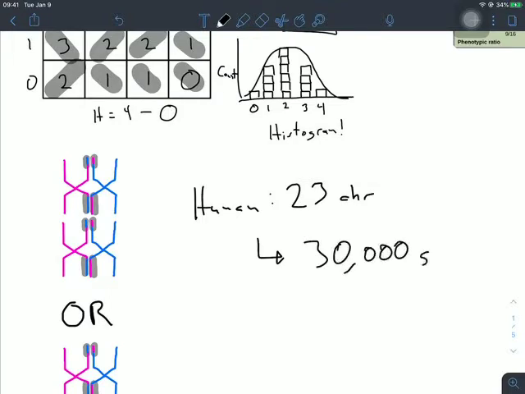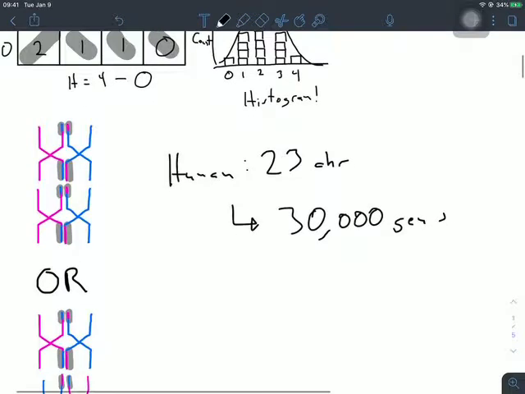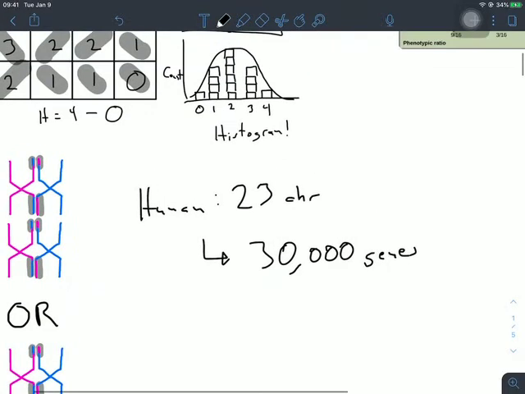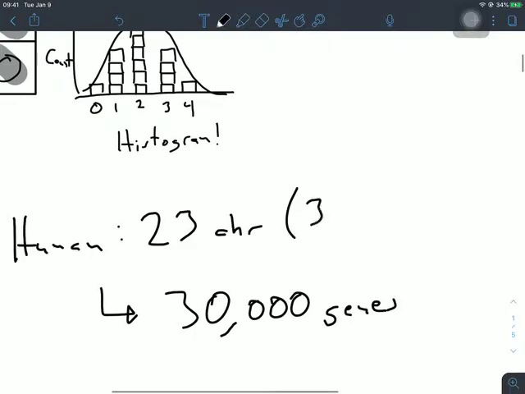30,000 genes. And just so we keep track of this, those 23 chromosomes and 30,000 genes, or rather, those 23 chromosomes are roughly made up of 3 billion bases. So that's our overall genome size.